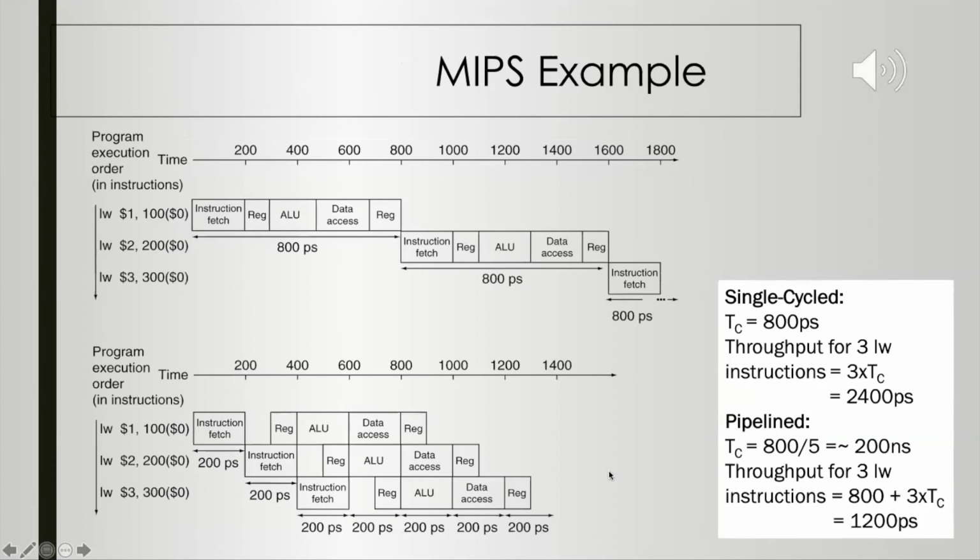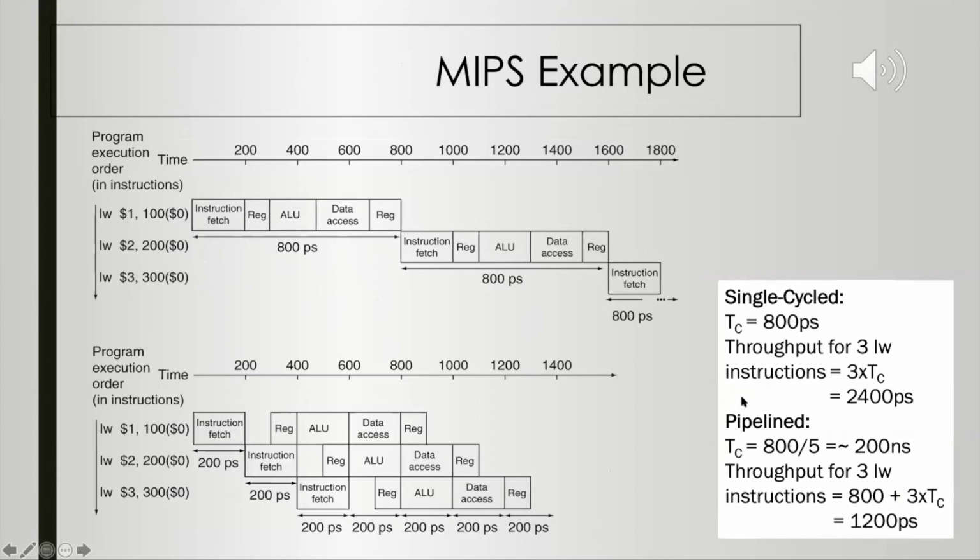Let us take one last concrete MIPS example, just to reinforce our understanding. If we want to load 3 words from the data memory to our registers using the MIPS instruction load word, or LW, it usually takes the processor approximately 800 picoseconds to complete each instruction. So, using the single cycle method, loading 3 words should take us more or less 2400 picoseconds.